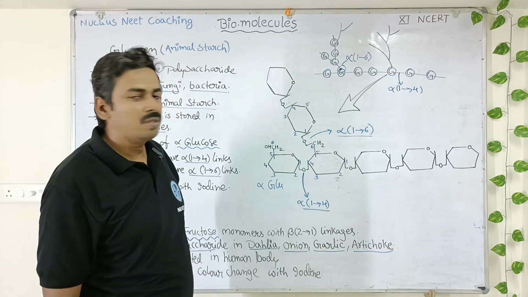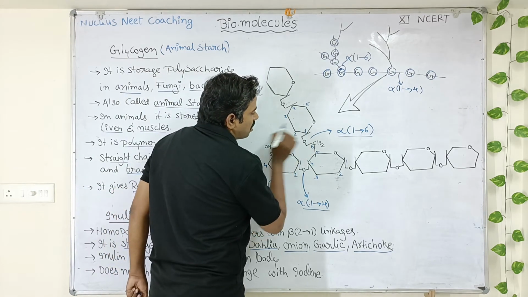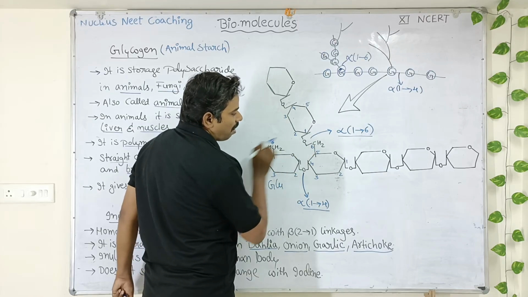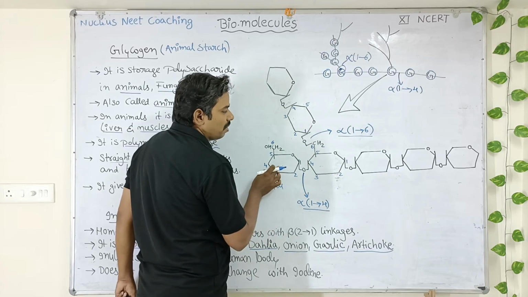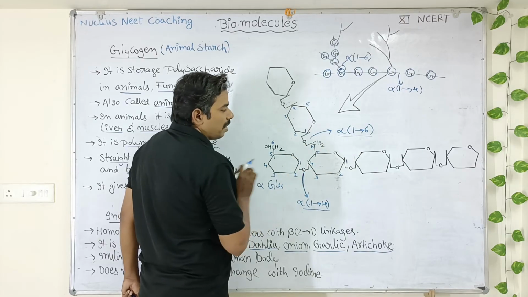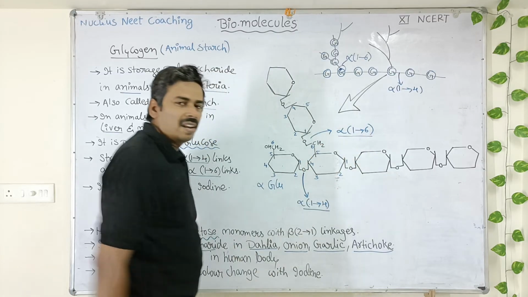What is alpha 1 to 6? Look here, students. The first carbon of a side branch is interacting with the sixth carbon of a main chain to form a bond called alpha 1 to 6 glycosidic bond. So this bond is called alpha 1 to 6 linkage.